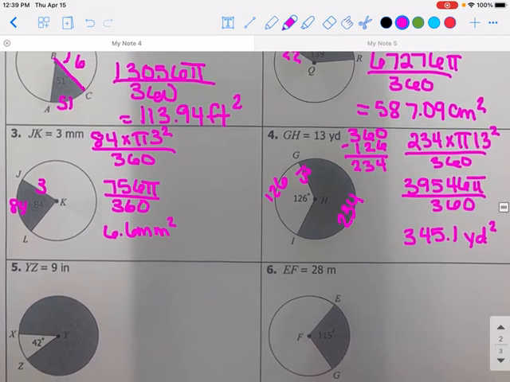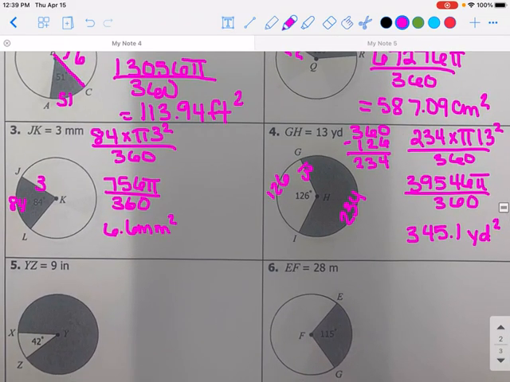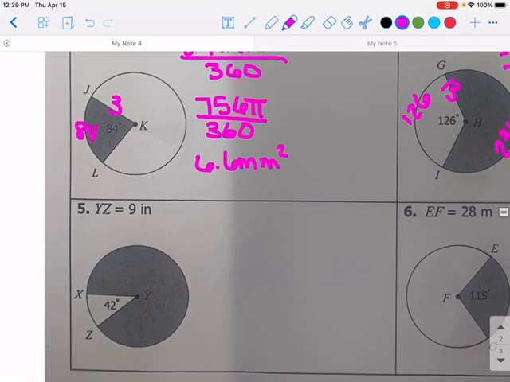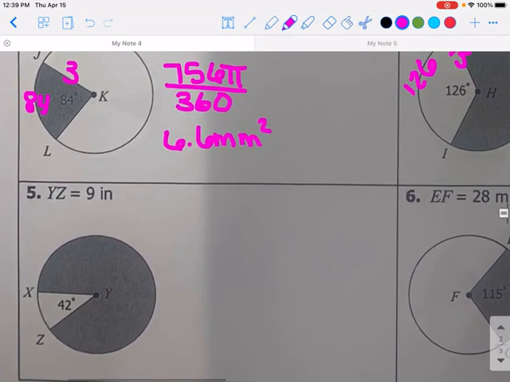Okay, number 5, same concept as number 4. They give you the angle of the non-shaded is 42, which means that arc is 42. But we're dealing with the shaded, so you've got to do 360 minus 42. You'll get 318.